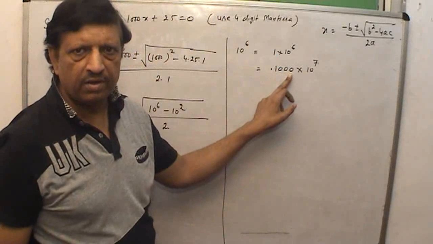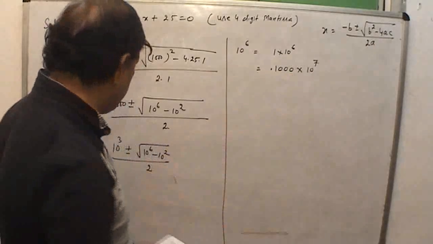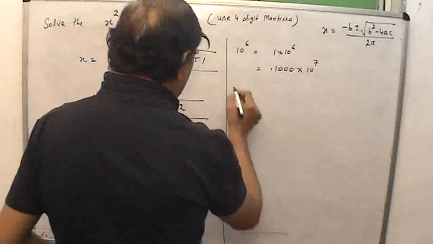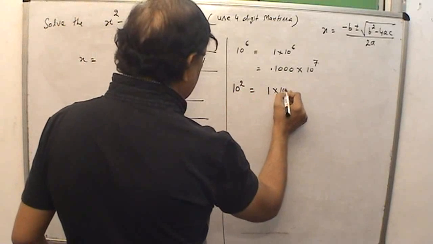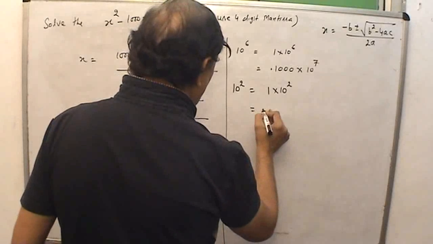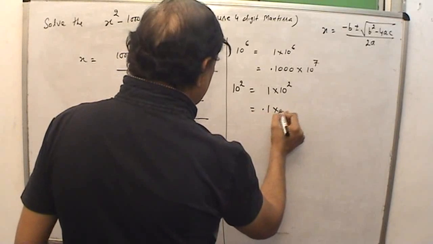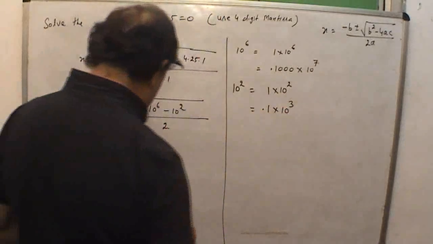The remaining 3 we fill with 0. Now see 10 raised to the power 2. We can write 1 into 10 raised to the power 2, that is equal to 0.1 into 10 raised to the power 3 by shifting the decimal.